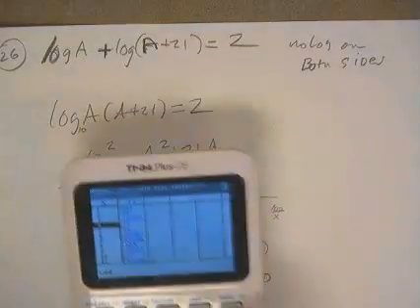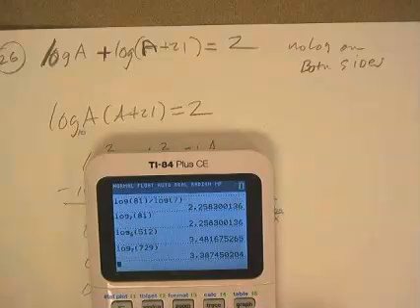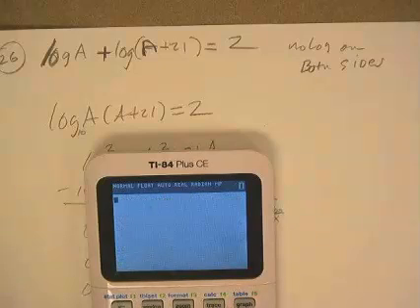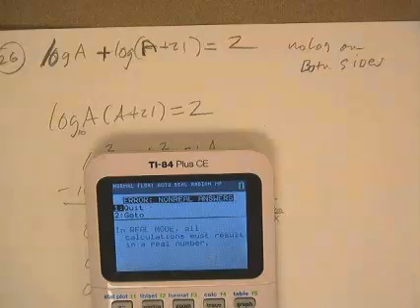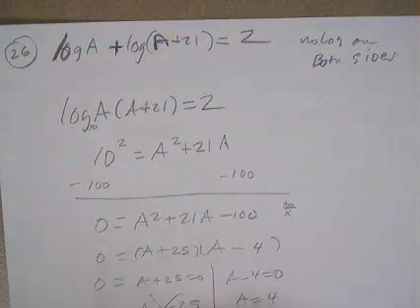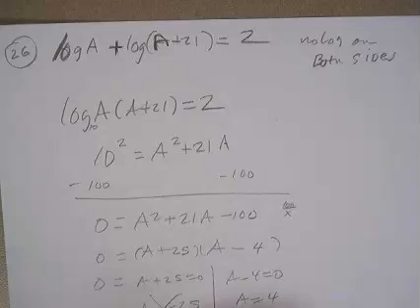Let's try the log of negative 25 and see if it works. Watch what happens. Log of negative 25. I'm going to get an error message. It says non-real answer, because you can't take the log of a negative. So this one you've got to throw out. It's not okay.